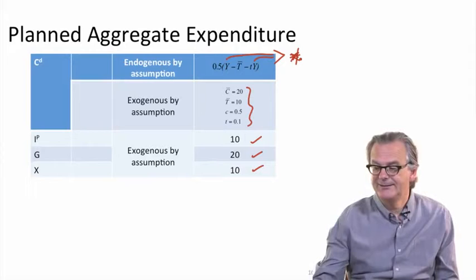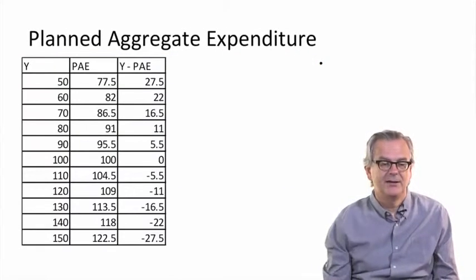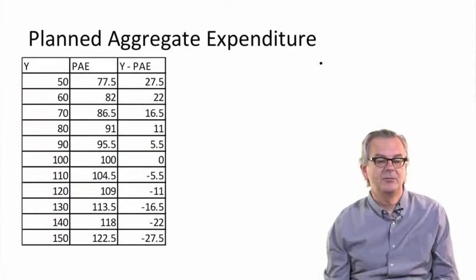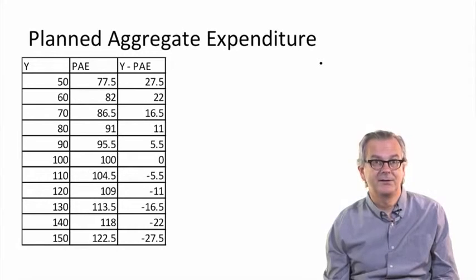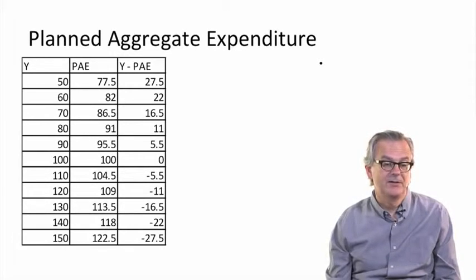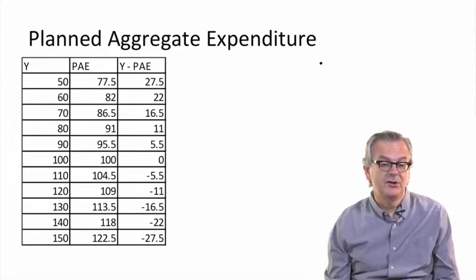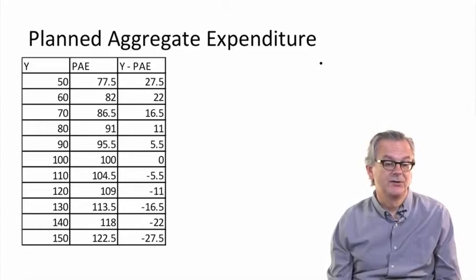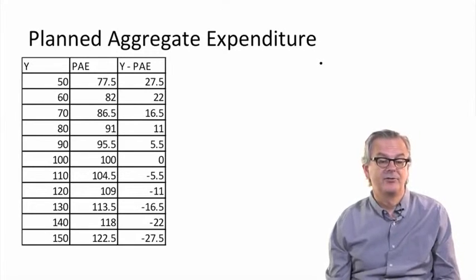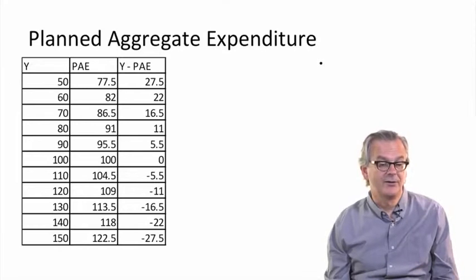And as an exercise, I'd like you to attempt to recreate this table. So what I've done in this table is on the first column, I've simply arbitrarily chosen various different flows of income, starting from 50 and going through to 150.